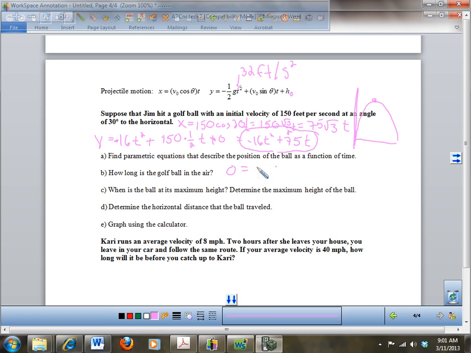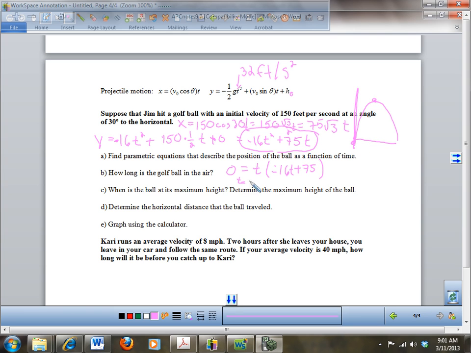Okay. So I set this equal to 0, and what I could do there is factor out a t. So I get t times negative 16t plus 75. I should look at my notes when I do it. So one place that the height is 0 is when t equals 0.